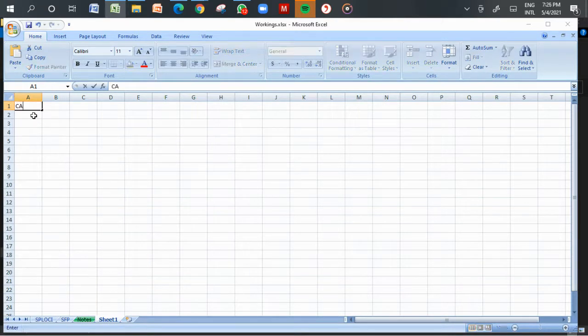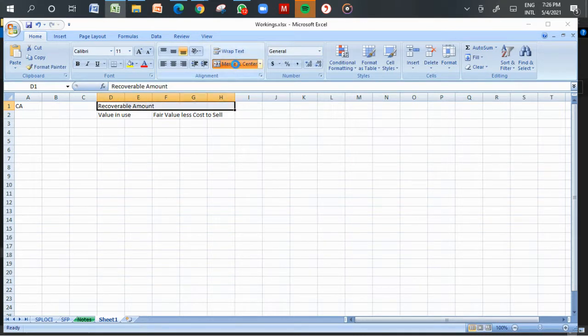On the recoverable amount, we are comparing the value in use and the fair value less costs to sell. The higher of these two is what we call the recoverable amount.